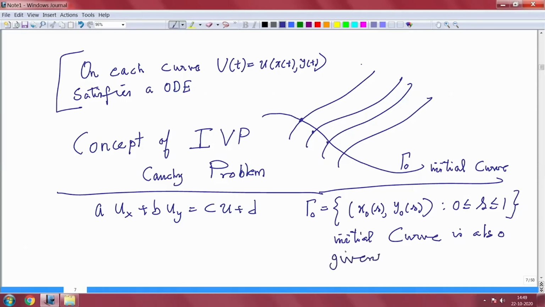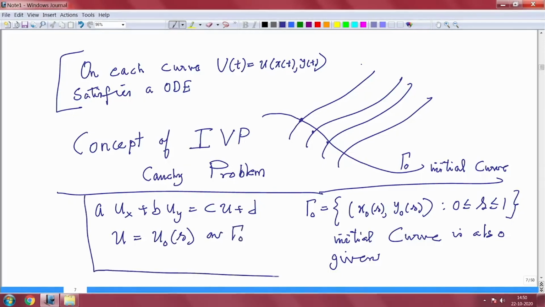And on that initial curve, the value of u is equal to u naught(s) on gamma naught. Okay.